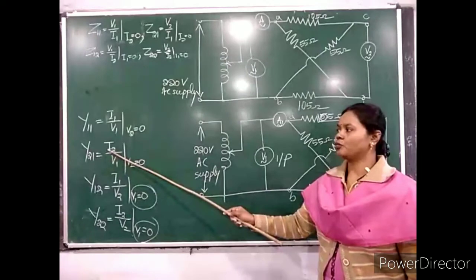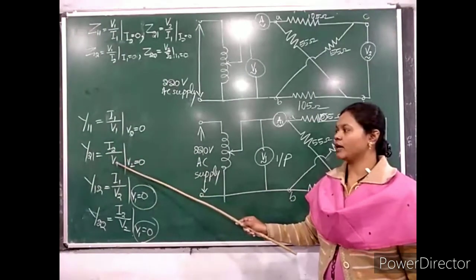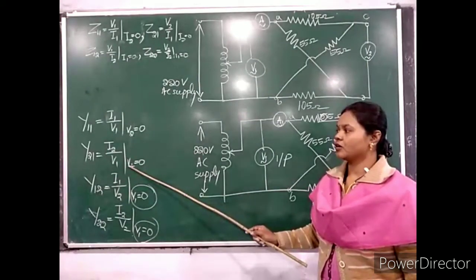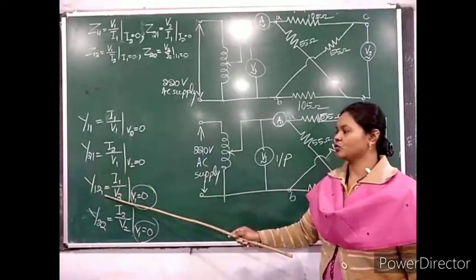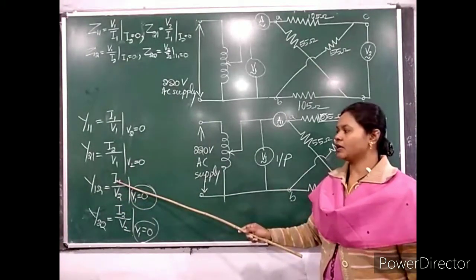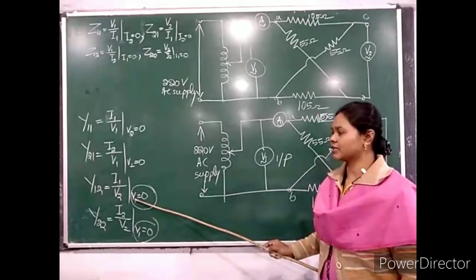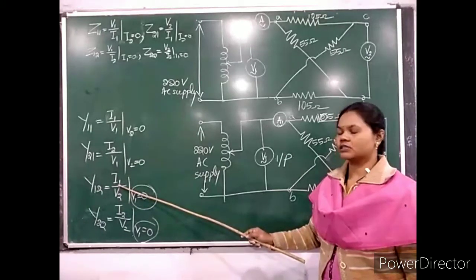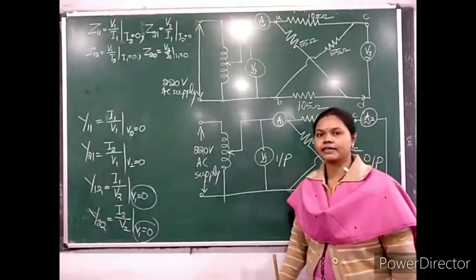Y21 is output current by input voltage when the output is short circuited, hence the name forward transfer admittance. Y12 is input current by output voltage when the input is short circuited, hence the name reverse transfer admittance.